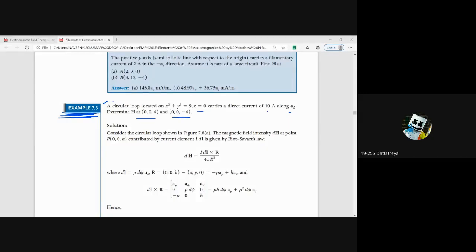Present, sir. 56 present, sir. 57. Yes, sir. 58 absent. 59. Present, sir. 60. Present, sir. 61. Present, sir. 62. Present, sir. 63. Present, sir. 64.